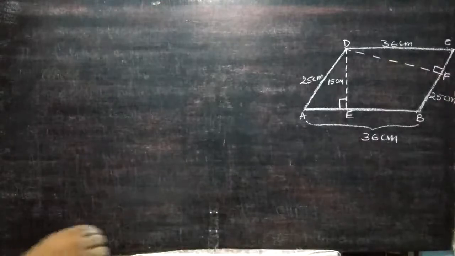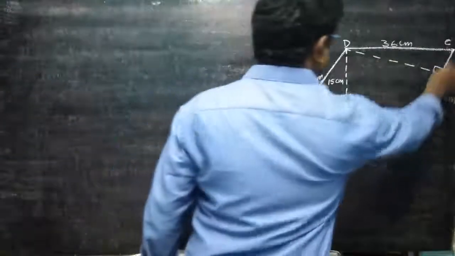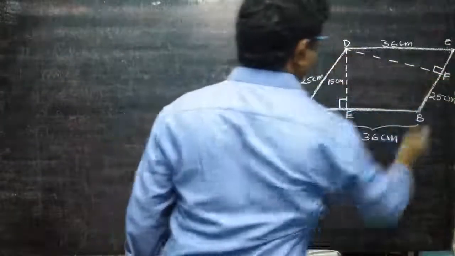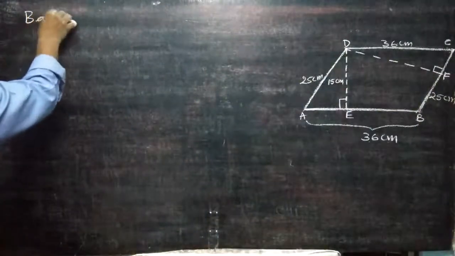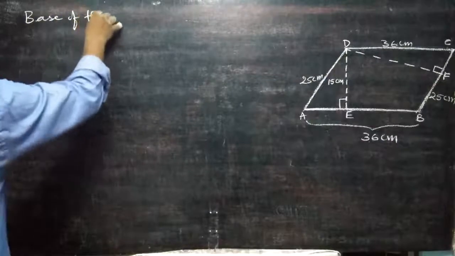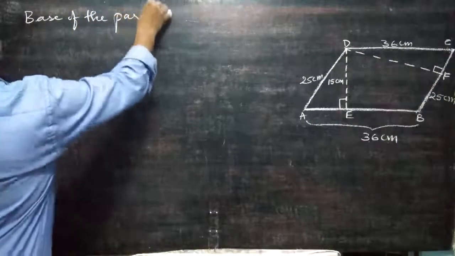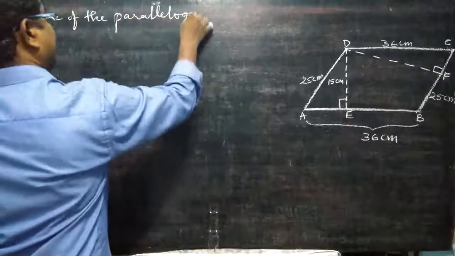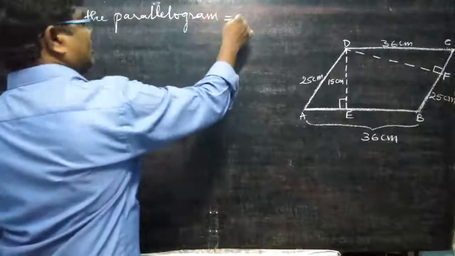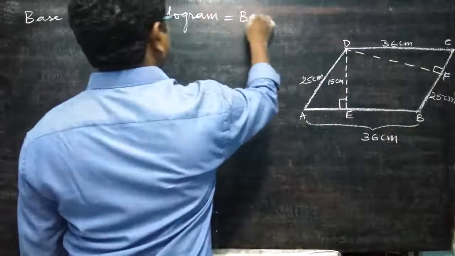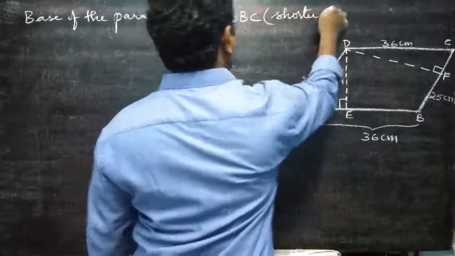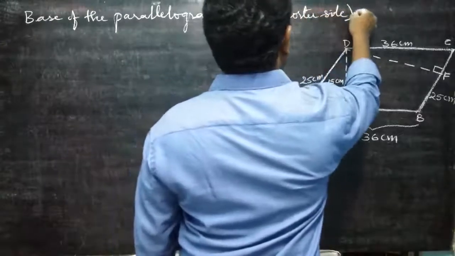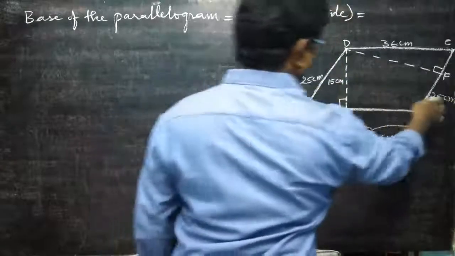Now this time BC we have to think as base and DF we have to think as height. So base of the parallelogram is equal to BC, the shorter side. Shorter sides means both will come.